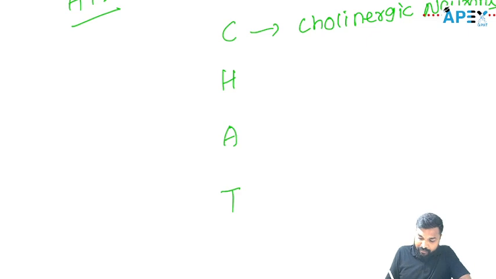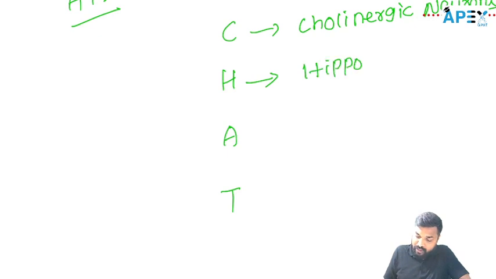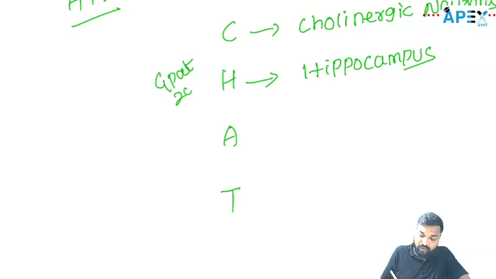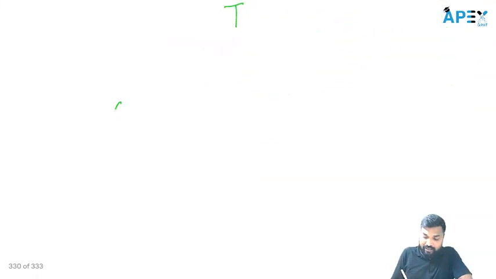H means the region Alzheimer's affects, that is the hippocampus. This question was even asked in GPAT 2024: at which region of the brain does Alzheimer's affect? Hippocampus. A means the protein involved in Alzheimer's, that is A beta amyloid. But always remember there is A beta and A beta 2.